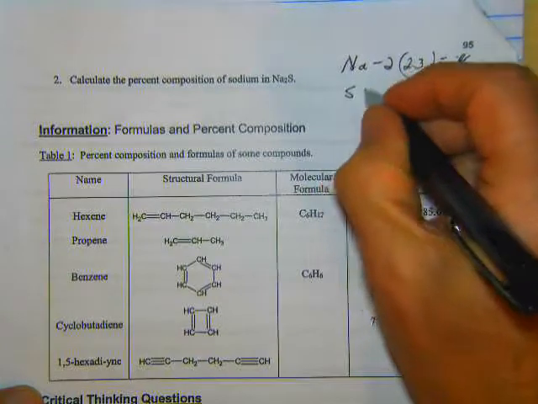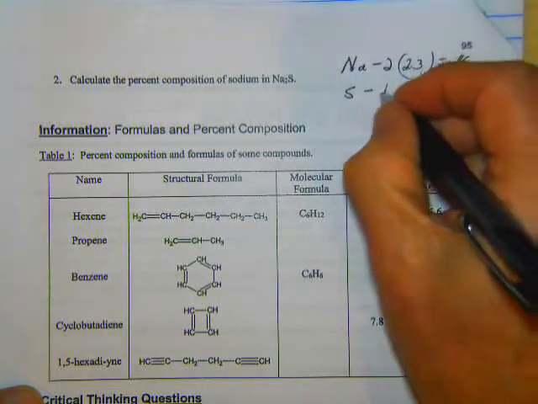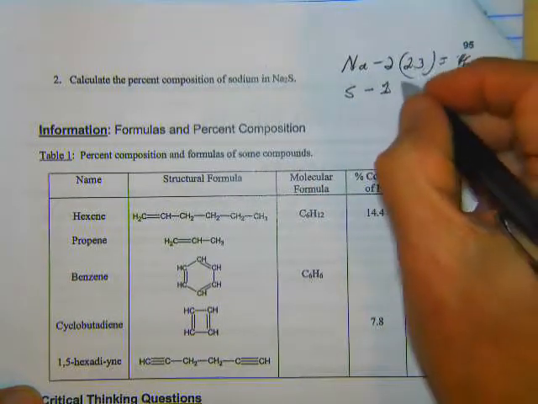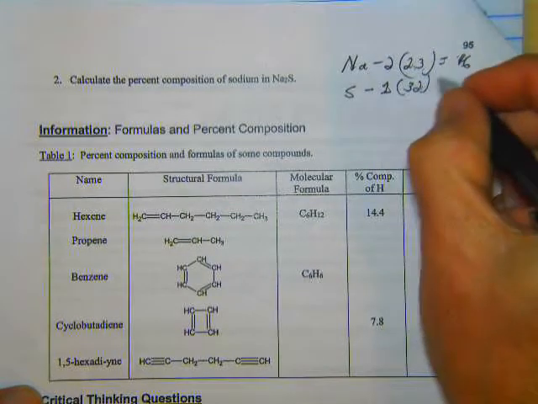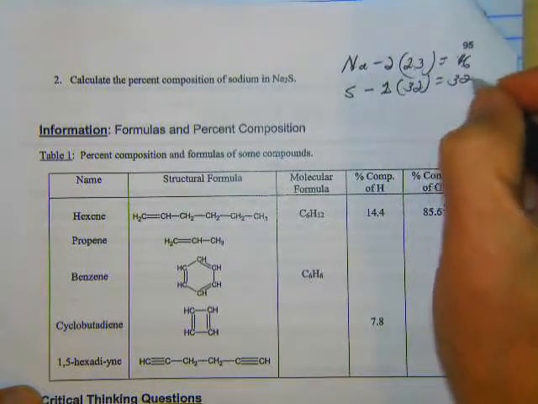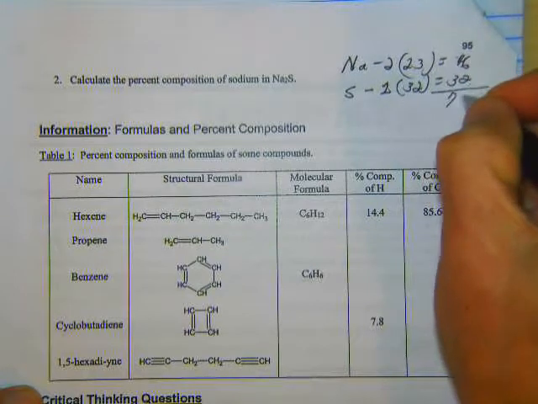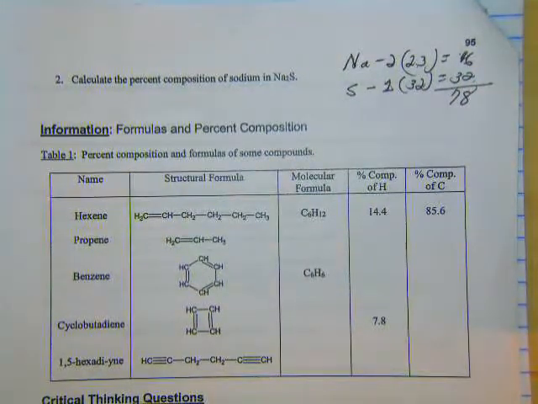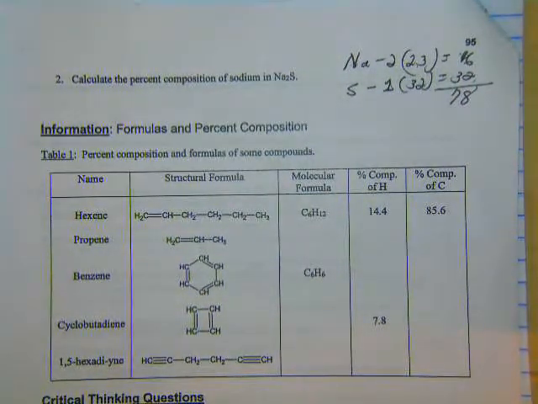For sulfur, we have 1, and the atomic mass is 32, so that equals 32. The formula mass of sodium sulfide is 78.